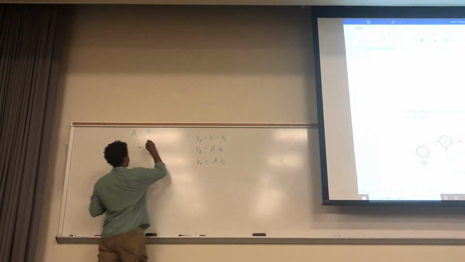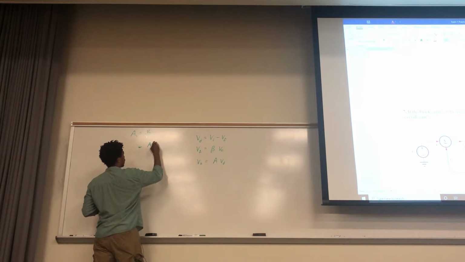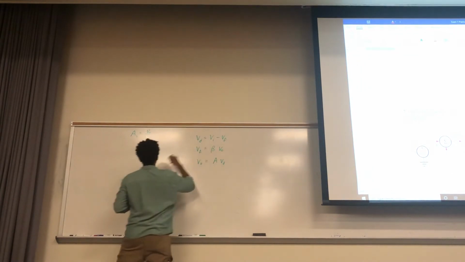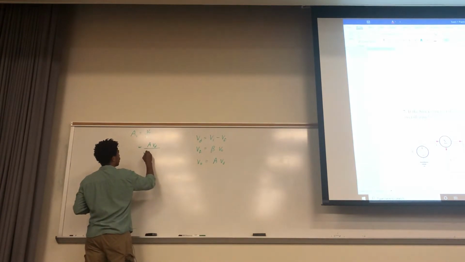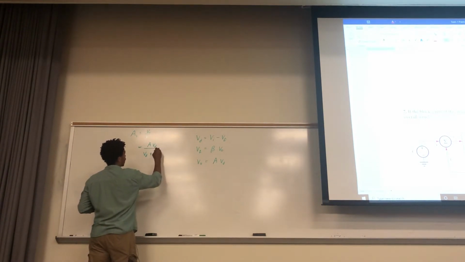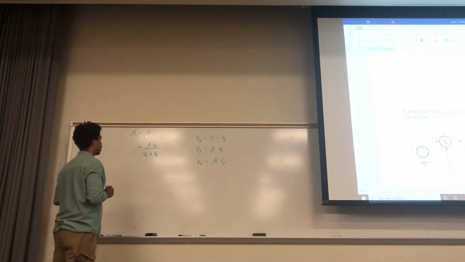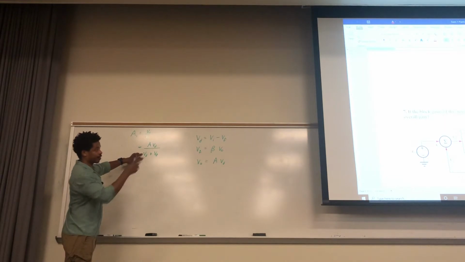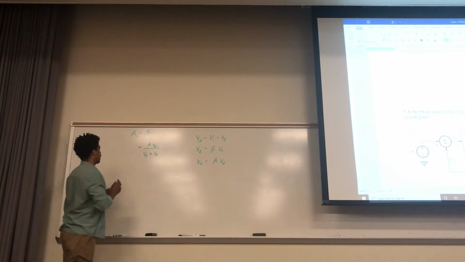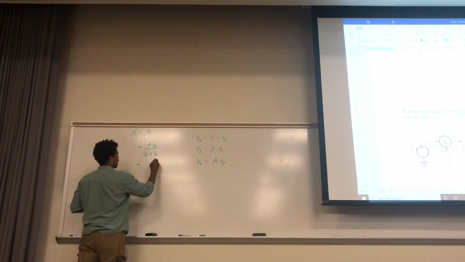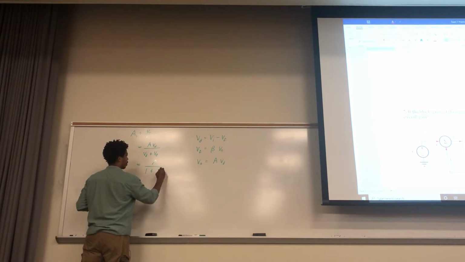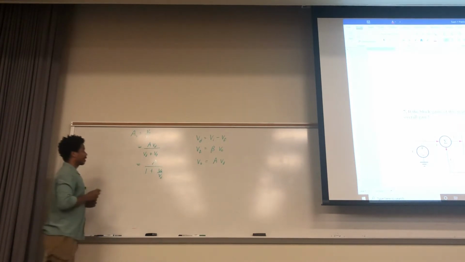So V out is A Vd. Vin right here is Vd plus Vf, right? We're trying to get everything in terms of beta and A. So we could divide top and bottom by Vd. That'll give us A over 1 plus Vf over Vd, like that.